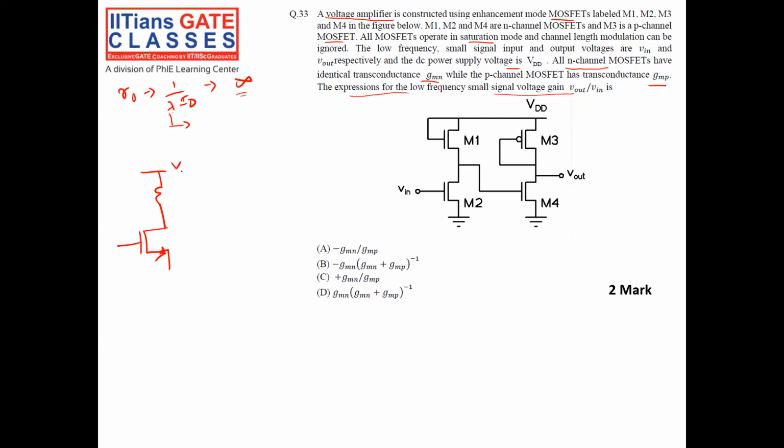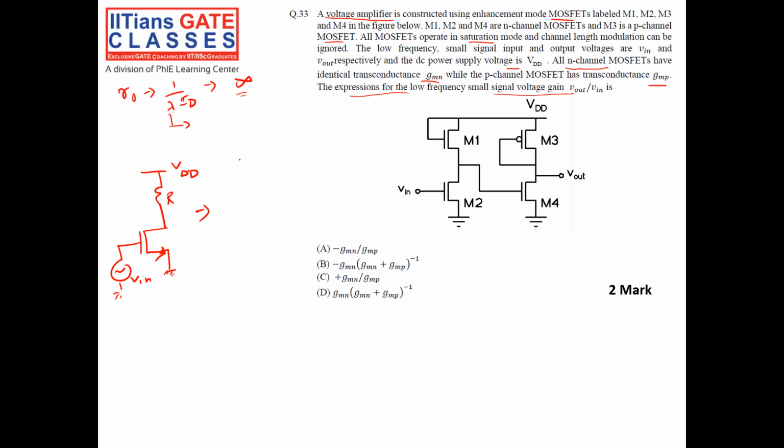I'm applying VDD. This is R. If I'm applying a Vin, there is a DC bias there, but I'm ignoring it for the sake of finding the gain of my common source amplifier.